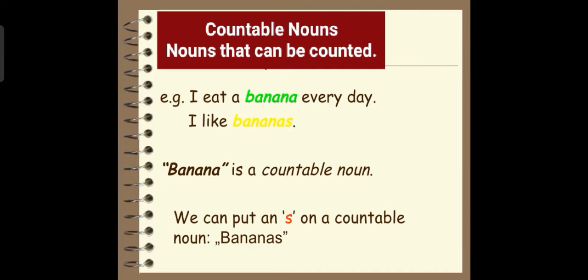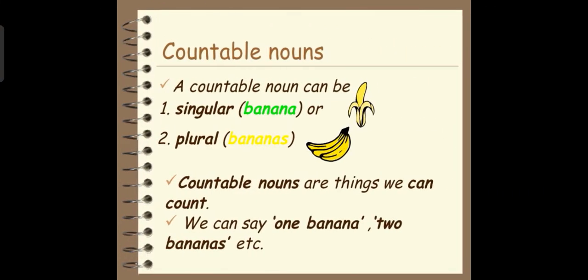We can put an S on a countable noun. It means we can make their plurals also, just like bananas. Countable nouns can be singular, meaning one in number, or plural, meaning many.